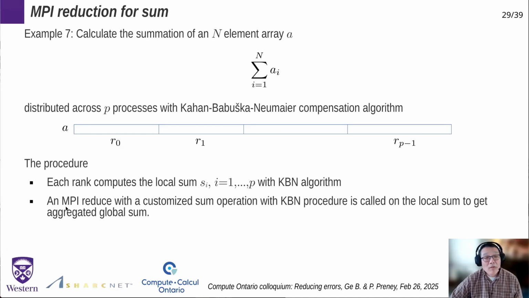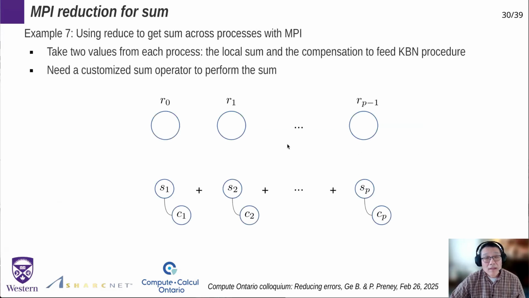And then we call MPI reduce with a customized sum operation using the compensated sum procedure to get the aggregated global sum. So now the diagram becomes this. After the local summation, we get the local sums S1, S2 to SP plus compensation terms C1, C2, to CP. And we want to combine and aggregate them to get the final answer and see what we get.